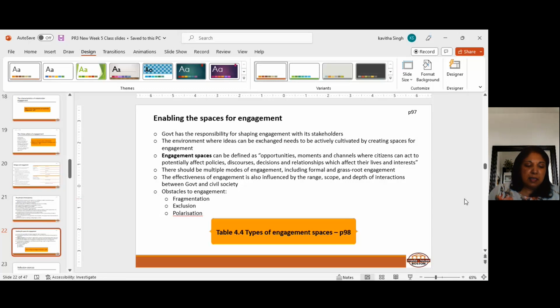Mediated spaces: media, as a key element of the contemporary public sphere, are available as discursive spaces independent of the state. Government, civil society organizations, media organizations, and individual citizens can use various media to participate in societal discourses and express their views, right?